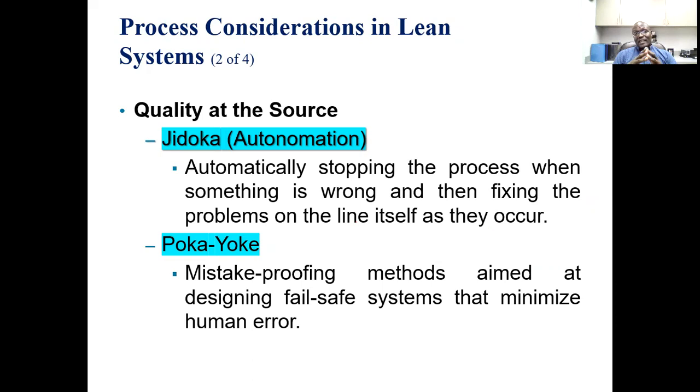Jidoka is one that's gaining in strength and is one that's been recognized as having a lot of value. Okay, and this has to do with what we call automation. How do we build a system that can essentially run itself, right? The basic foundation to this principle of Jidoka is that computers and equipment often result in fewer errors, fewer defects than when we have a human being doing things.